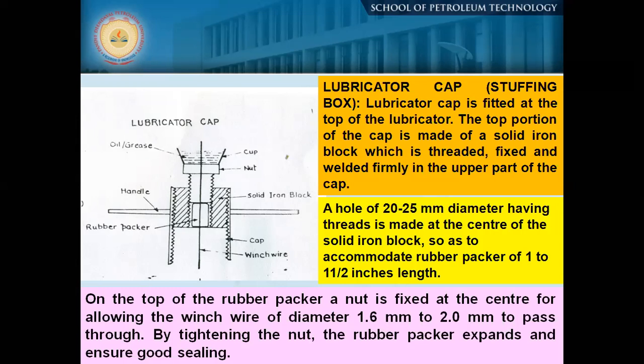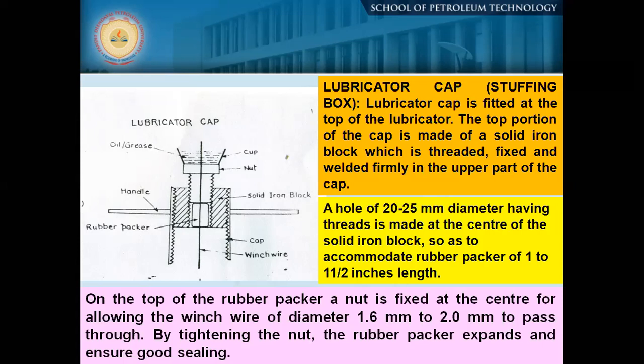You have this nut, which is just like a threaded nut, and below that you have a rubber packer, and through it there is a hole through which you are inserting your winch wire. And how do you tighten it?